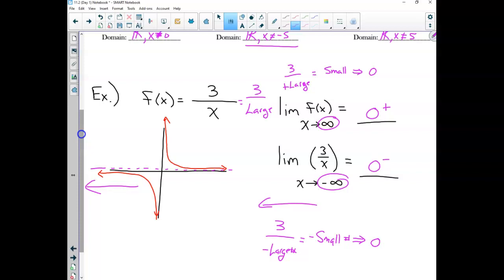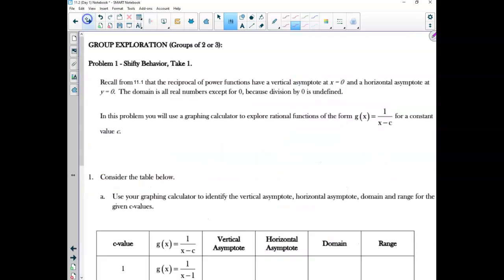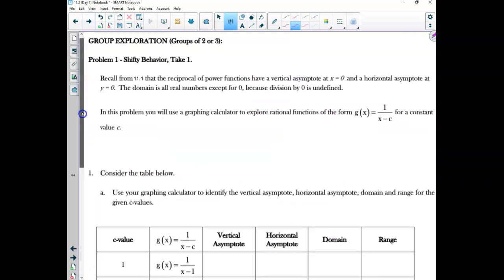So those are going to be my horizontal asymptotes. This is going to have a horizontal asymptote of y equals 0, because that is what these end behaviors are approaching, okay?